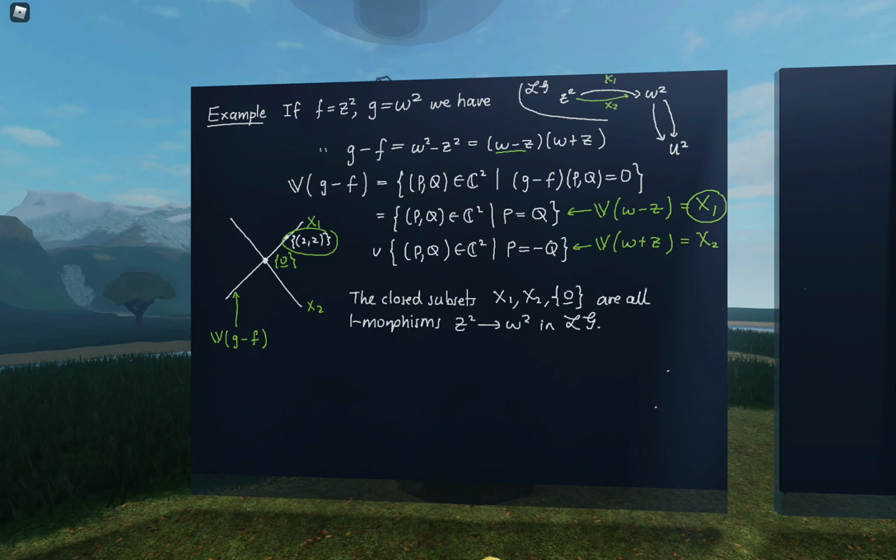Well, between w and u, I can use the same construction, right? I can define an x1 prime and an x2 prime that look exactly the same as what's on the board. They just have w and u in them instead of z and w. And then there's the question of, well, how would I compose say x2 and x2 prime.